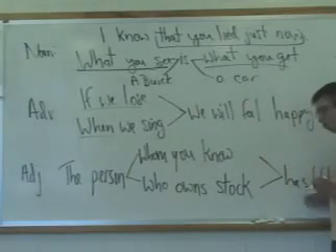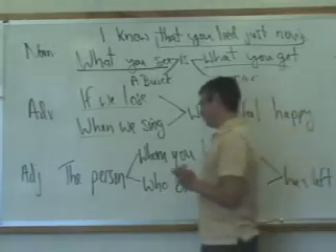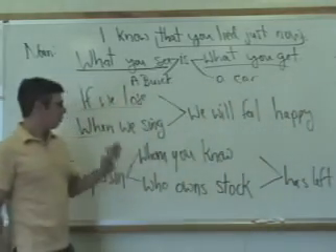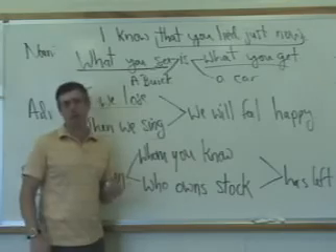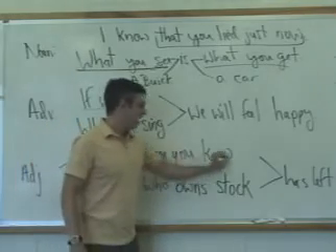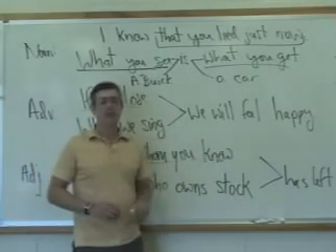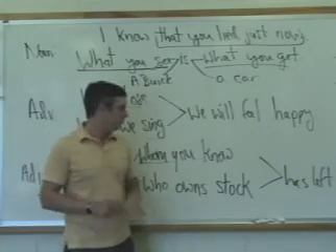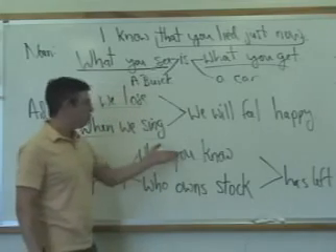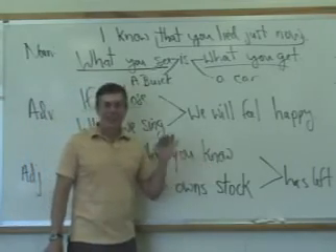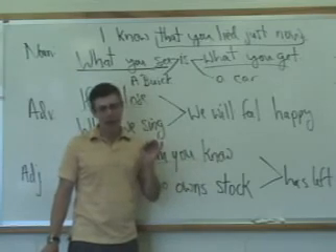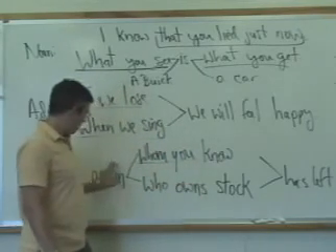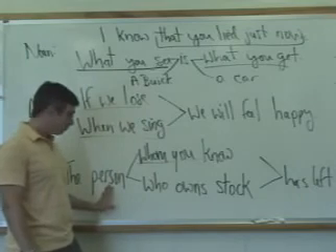Which person? The person whom you know. That's which person. Well, when things answer that question, which one, they're functioning as adjectives. And in this case, whom you know is functioning as an adjectival subordinate clause modifying person.